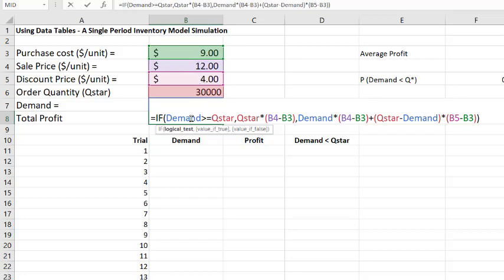However, if the demand is less than the optimum order quantity, we will have some leftover. So it will be the demand multiplied by the profit, B4 minus B3, plus the remainder, Q star minus demand, multiplied by the discount price, which is B5, minus the purchase cost, which is B3, or $9.